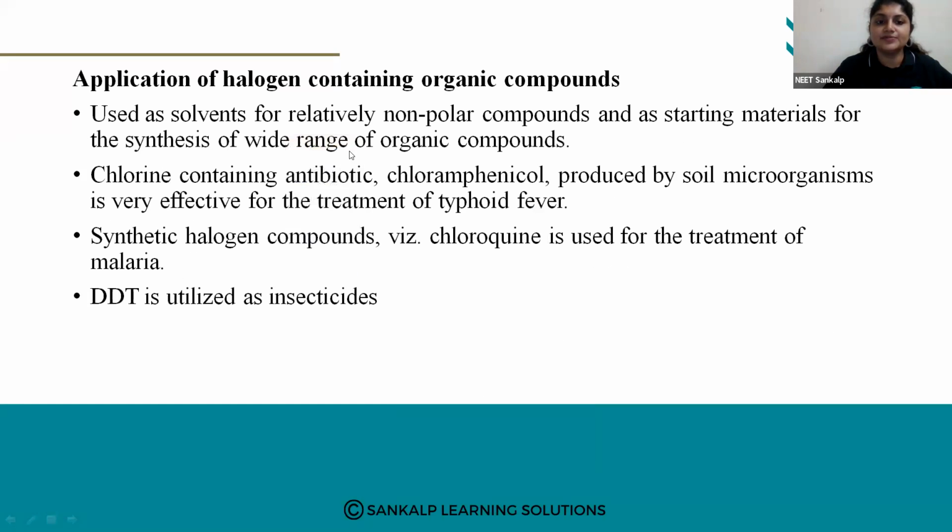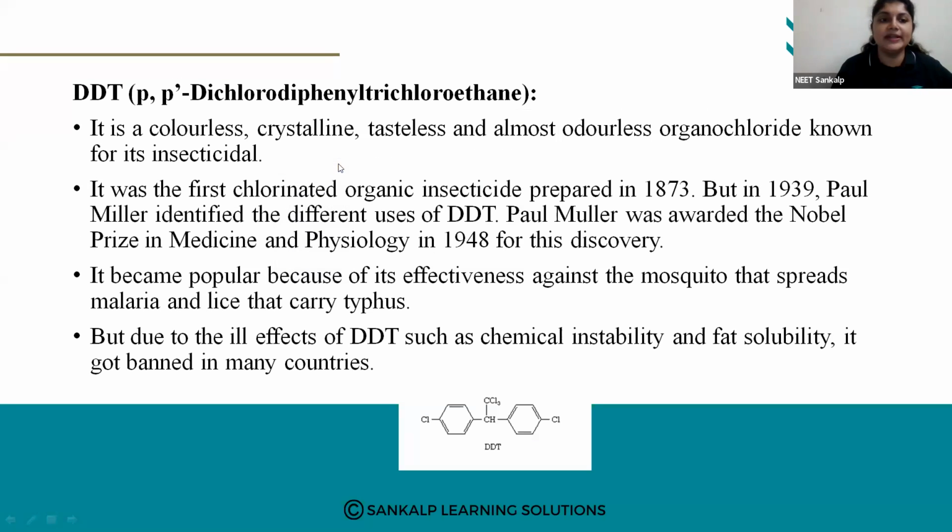Next is DDT. What do you mean by DDT? It is dichlorodiphenyltrichloroethane. It is a colorless, crystalline, tasteless, and almost odorless organochloride known for its insecticidal action. DDT is used as a spray for insecticides.